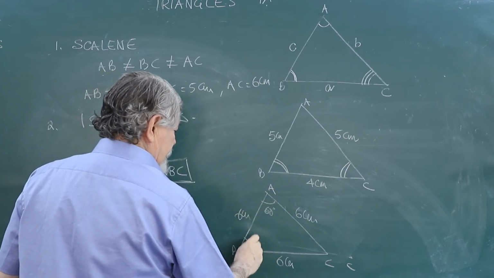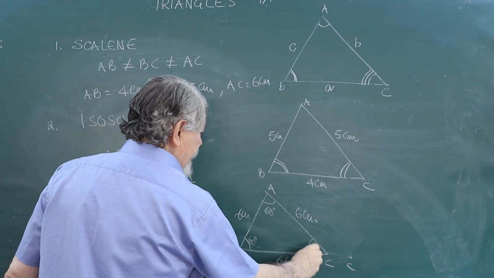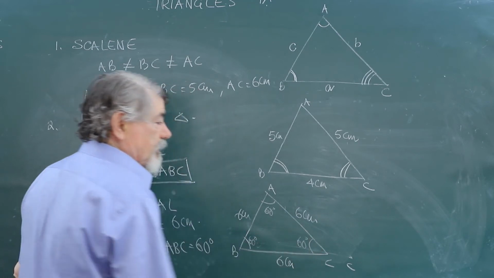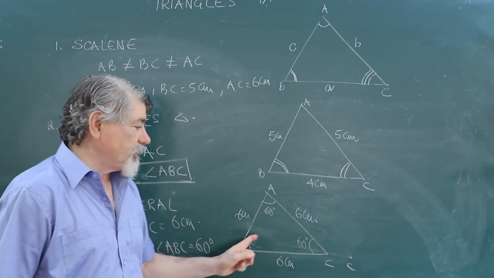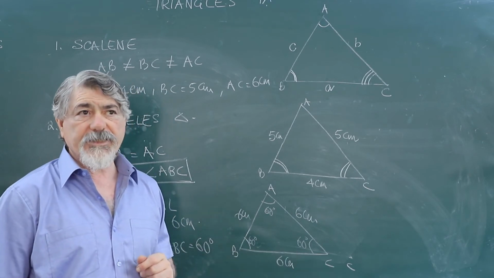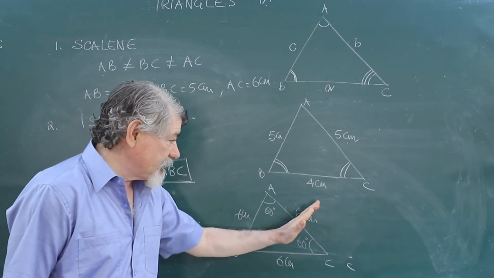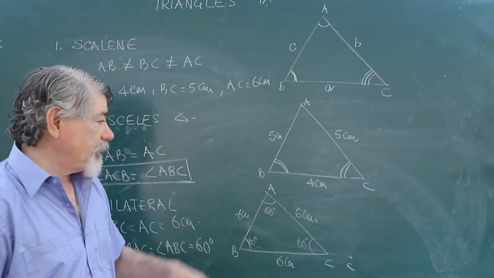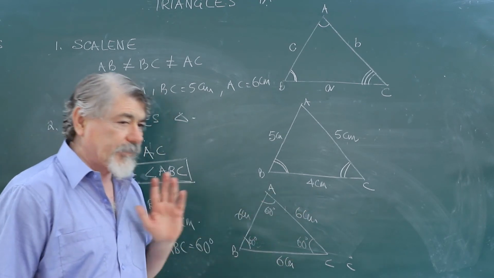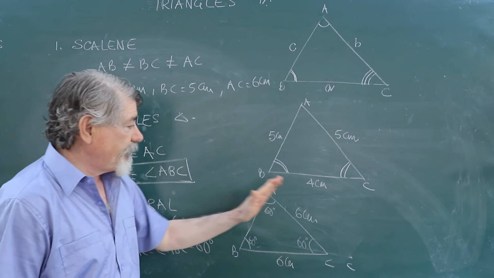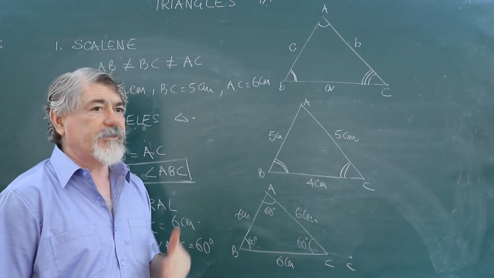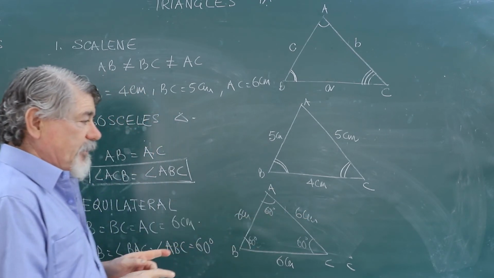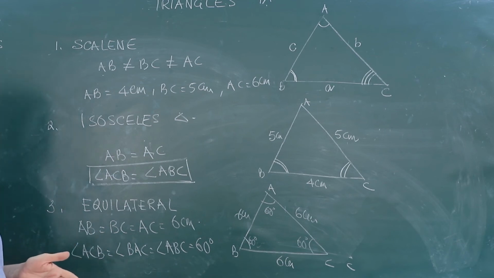Whatever may be the side, 6 centimeter each or 5 centimeter each or 10 centimeter each, each angle of the triangle will be 60 degrees. It could be 6, 6, 6, even then it is 60. Whether it is 7, 7, 7, even then it is 60. If it is 5 centimeter, 5 centimeter, 5 centimeter, if all the three sides are equal, then the three angles will be 60 degrees.